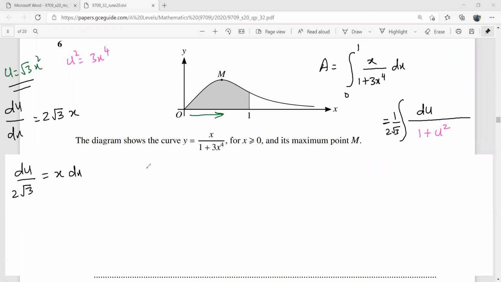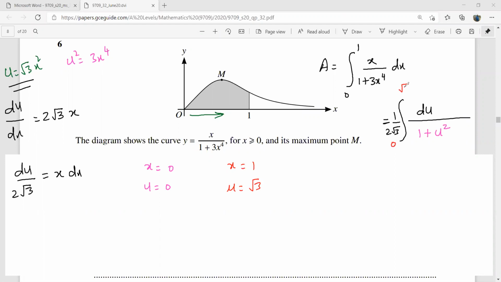When x equals 0, u is going to be 0. And when x equals 1, u is going to be under root 3. So we have the limits from 0 to under root 3.